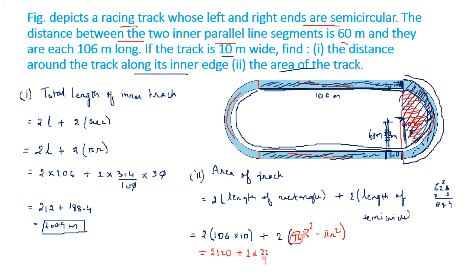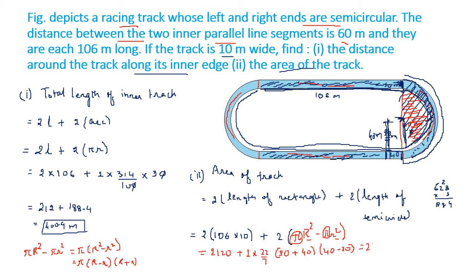I'm taking the pi out common. In the bracket I get R square minus r square, that is R minus r into R plus r. So R plus r is 30 plus 40, and R minus r is 40 minus 30. What I did, pi R square minus pi r square equal to pi common, R square minus r square, written as pi R minus r, a square minus b square is a minus b, a plus b.